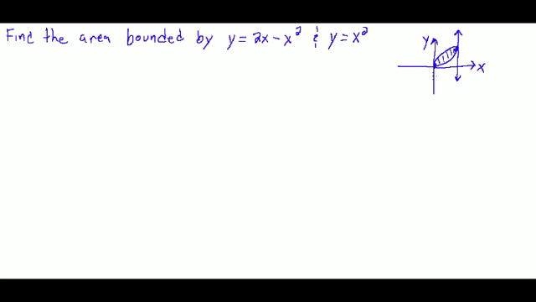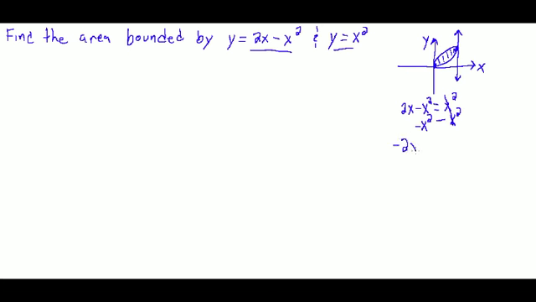Now, in order to find these points of intersection, what you have to do is equate these two equations. So I'm going to do that over here. I'm going to have 2x minus x squared, which is equal to x squared. So I'm going to subtract x squared from both sides, so I can have all my terms on one side, and I'm also going to write this in standard form.